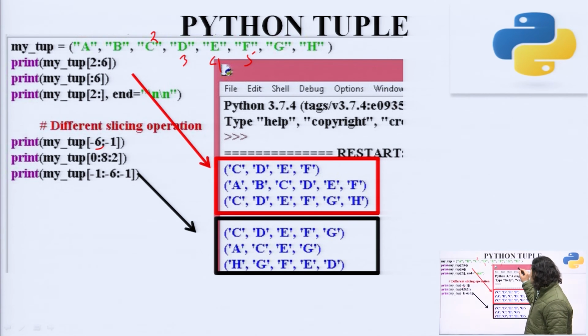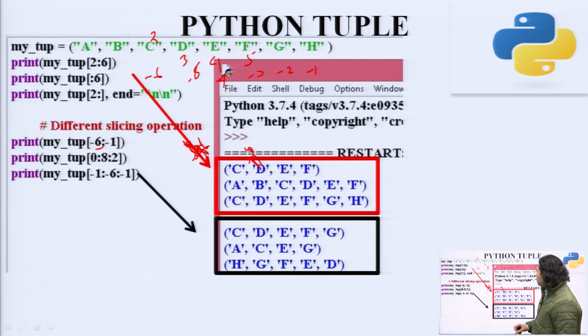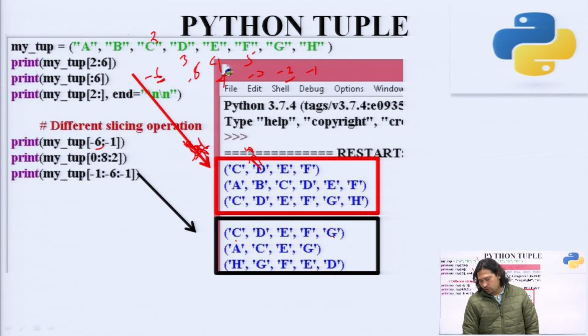So, minus 6, that is minus 1, minus 2, minus 3, minus 4, minus 5, minus 6, minus 7, and so on. So, minus 6 is this one, and we are going to minus 2. So, the output is from C to G. So, this is how we decode a slicing operation in the tuple data type.